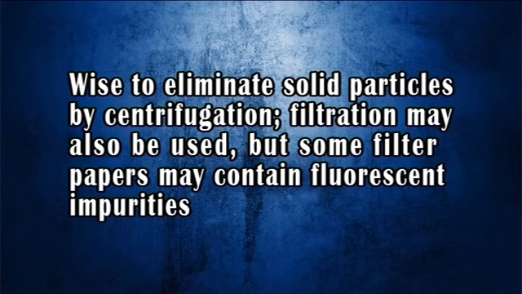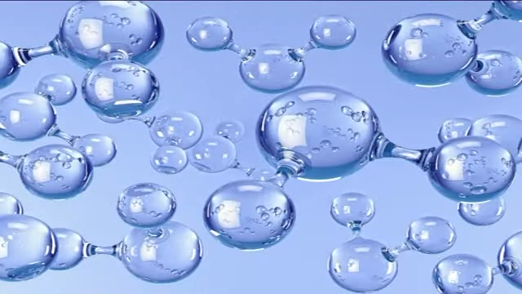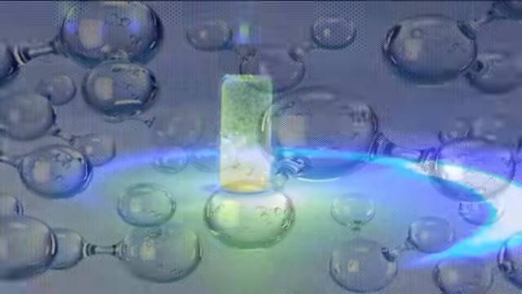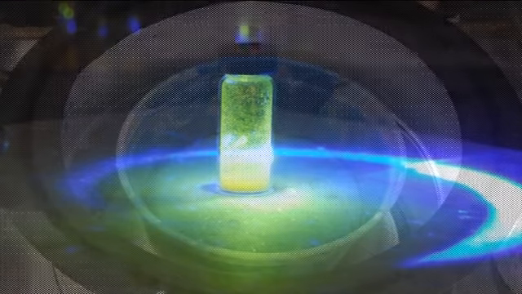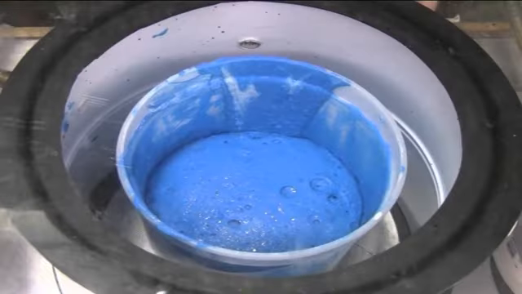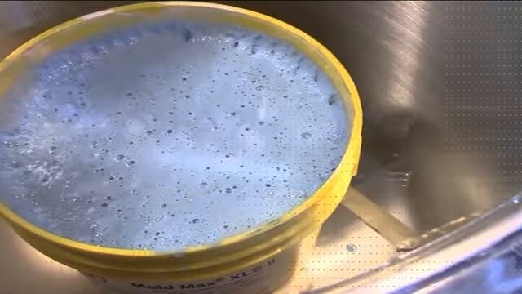Filtration may also be used, but some filter papers may contain fluorescent impurities. Oxygen dissolved in the solvent has a strong quenching effect. The intensity of fluorescence is therefore increased by use of a degassing procedure such as bubbling nitrogen or other inert gas through the test solution.